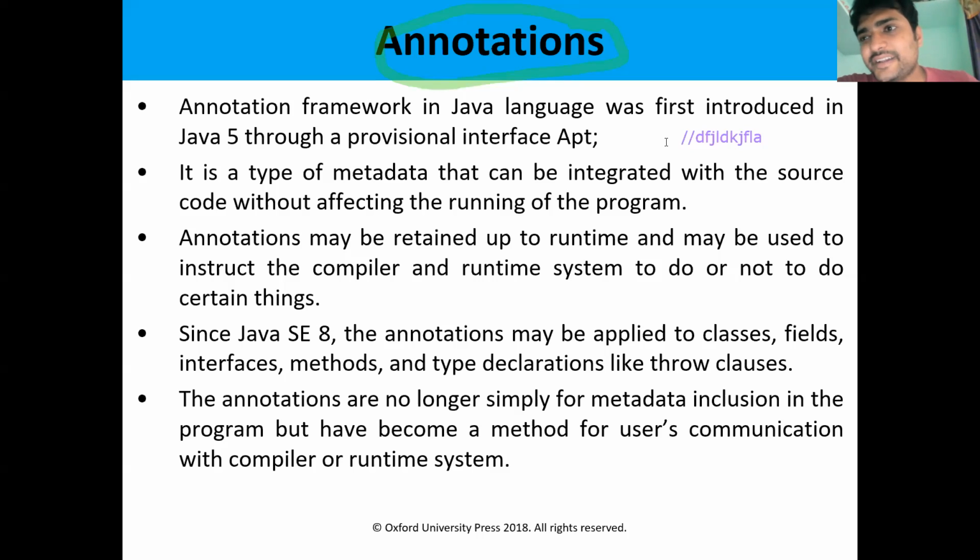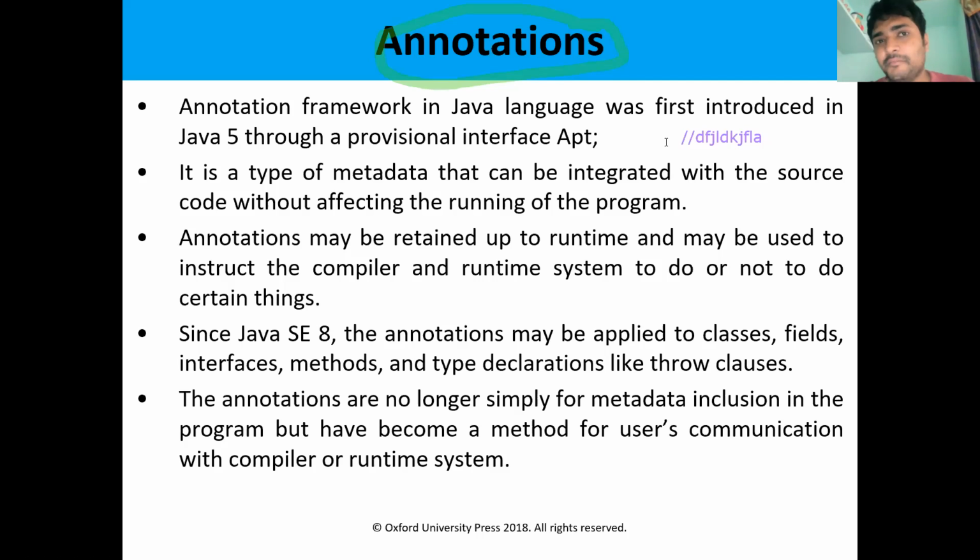Commenting is very simple, but we can define annotations. Annotations have two types: user defined annotations as well as predefined annotations. Commenting means the programmer writes comments for human understanding.